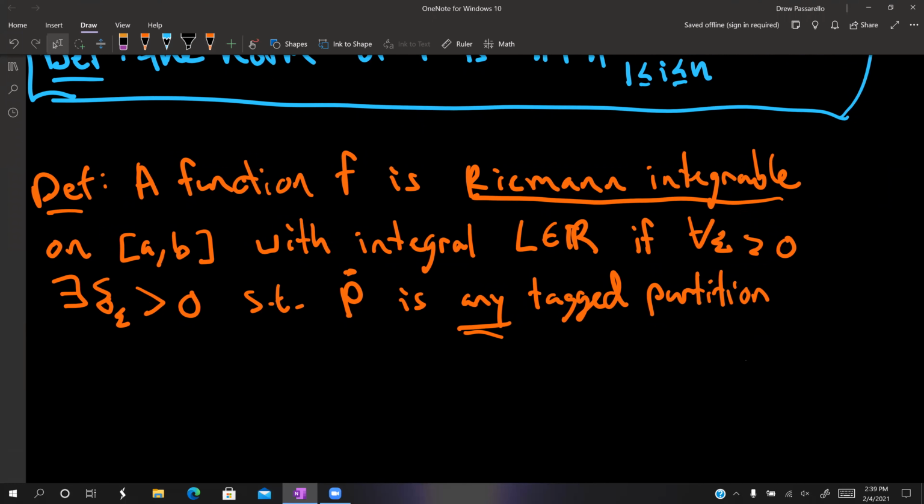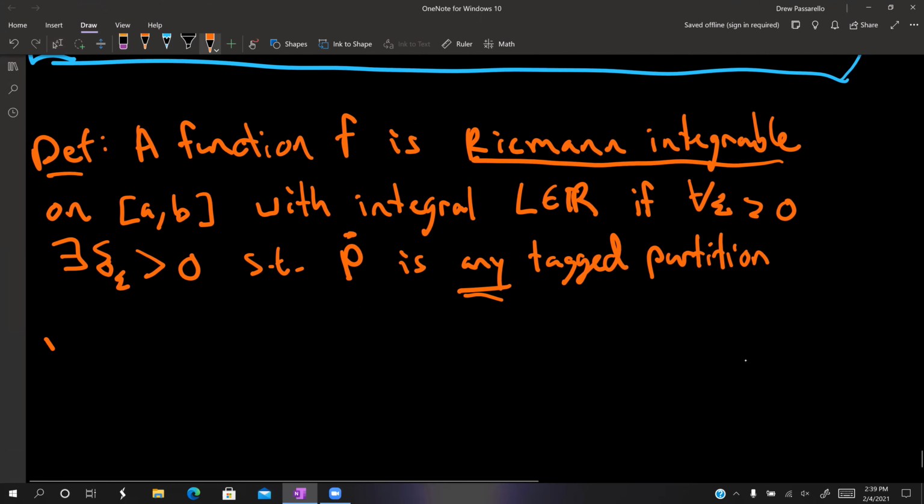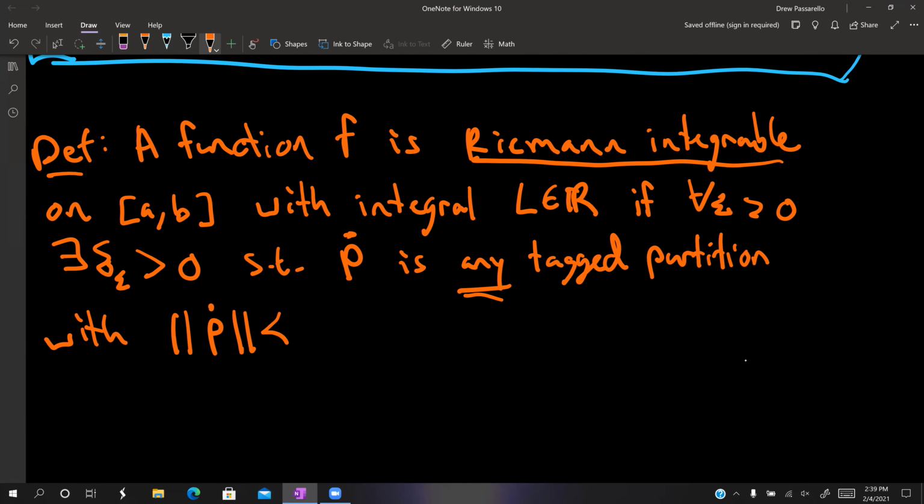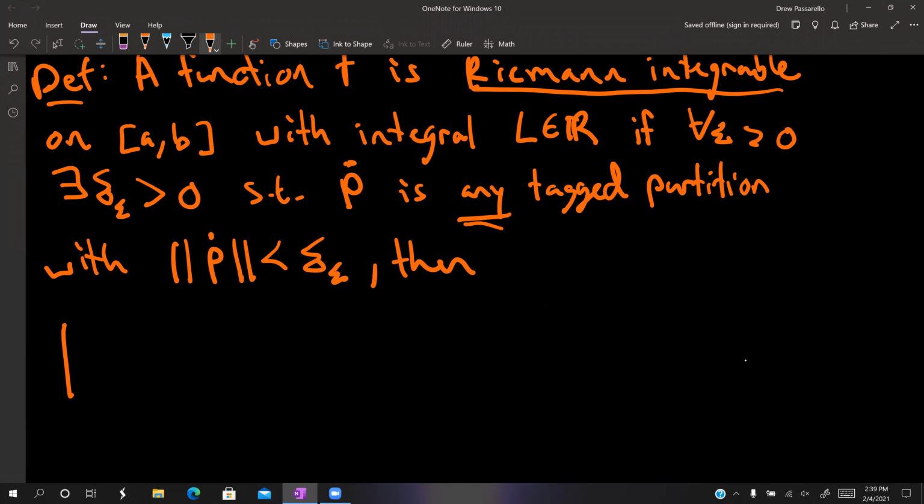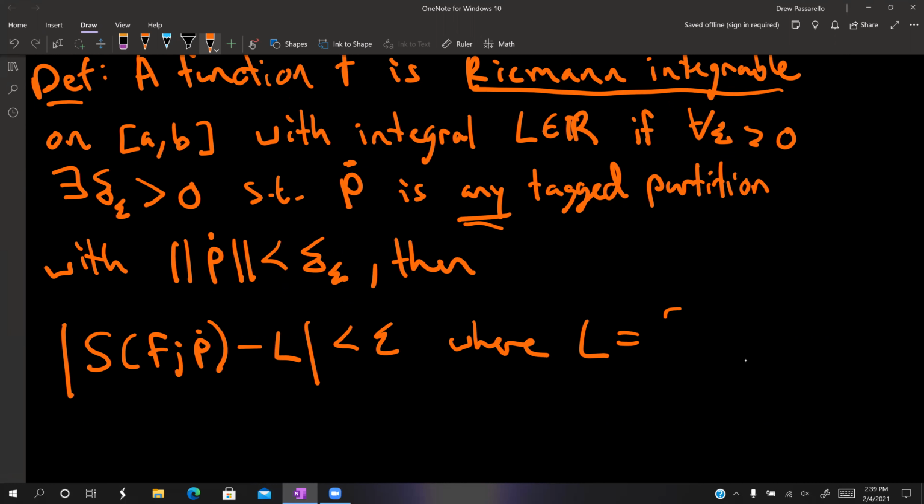so this applies to all tagged partitions. So if that's any tagged partition with the norm less than delta, then the absolute value of our Riemann sum, S of P minus L, is less than epsilon, where L is denoted as the integral symbol from a to b of f.